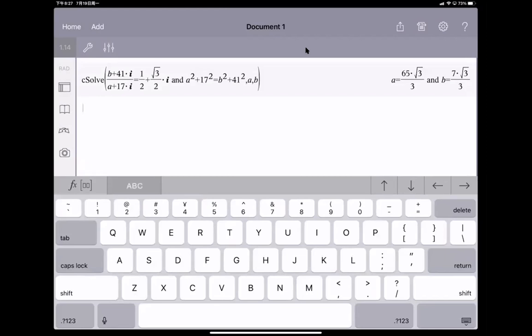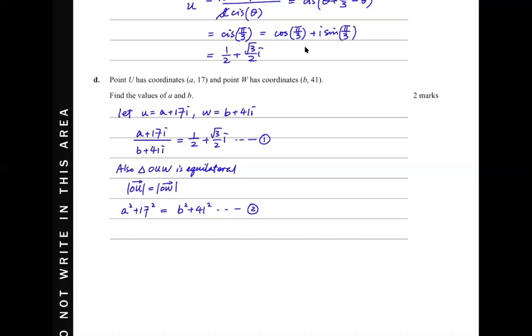Two solutions, an a value and a b value: a equals 65 root 3 on 3 and b equals 7 root 3 on 3. Yep, that's it.